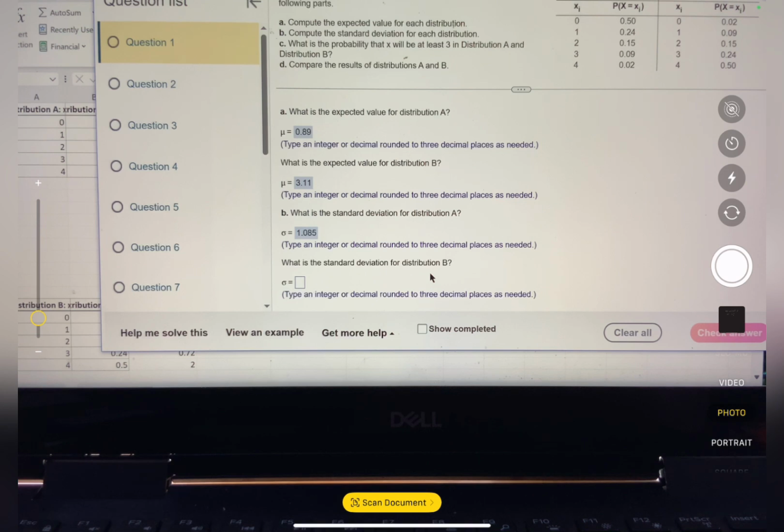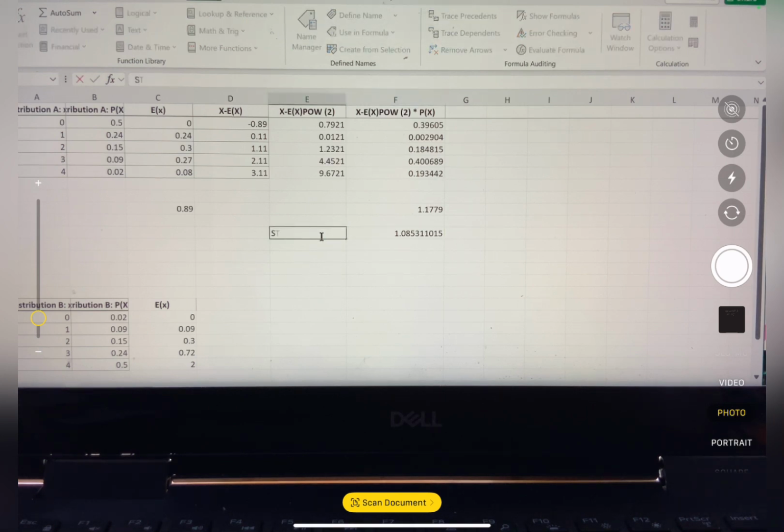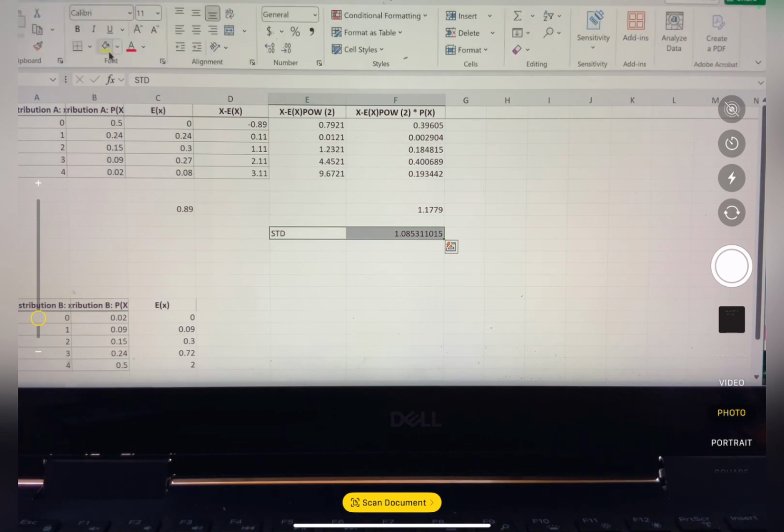For standard deviation, you can look at the formula and then do the calculation. STD, here this one is standard deviation. So this is your answer, standard deviation. Let me highlight it.